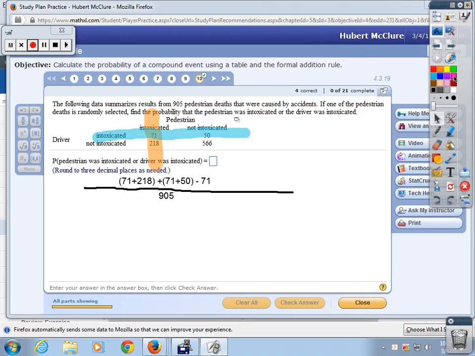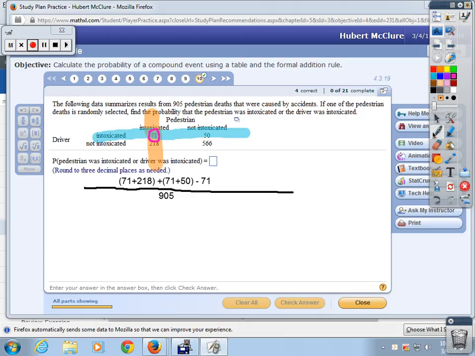I'll do the overlap in magenta. I'll just circle it. So the overlap is 71. And you subtract that.